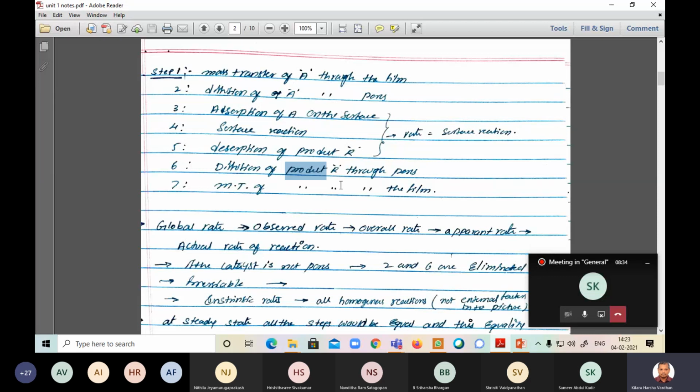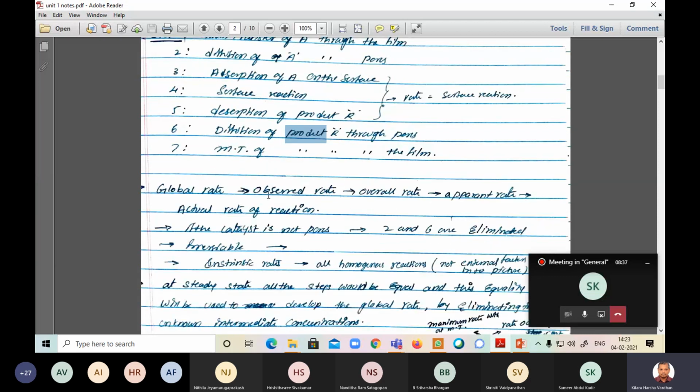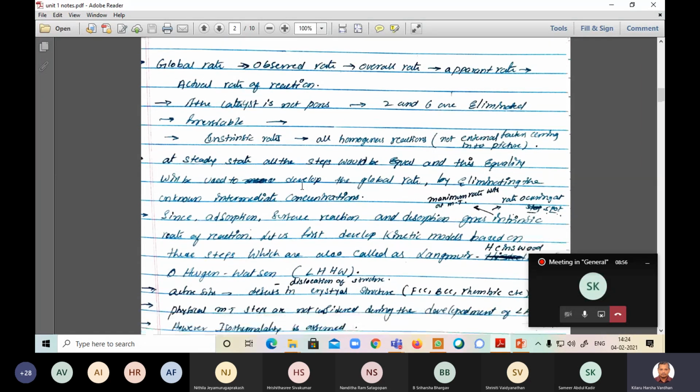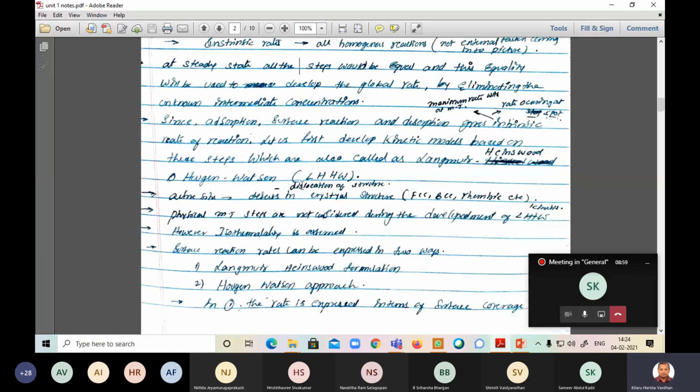So just this morning I talked about global rate, observed rate, overall rate, apparent rate, everything, right? Let us not go into much. Here one important thing is intrinsic rate. In all homogeneous reactions, whatever rate you are writing is the intrinsic rate, which I talked about this morning. For non-homogeneous reactions, you make one assumption: at steady state, all the steps would be equal, and this equality is used to develop the global rate.